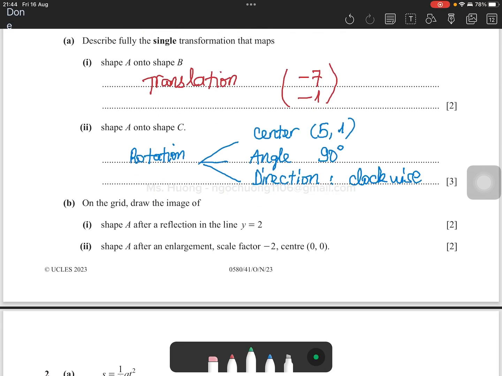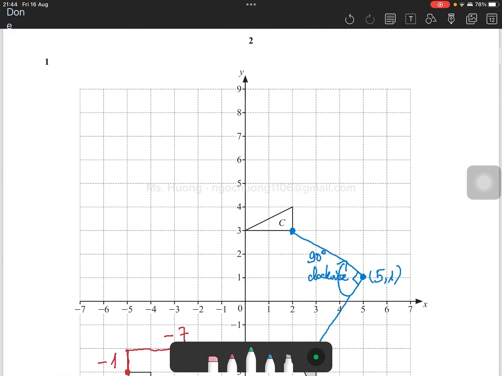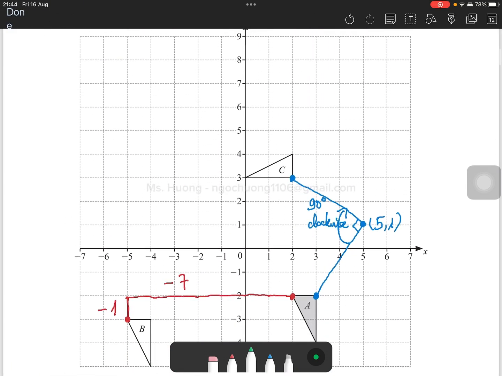B. On the grid, draw the image of shape A after a reflection in the line y equals 2. So we'll draw the line y equals 2 first. This is the line y equals 2. And now we draw the reflection of A over this line. From A to this line, we see that there are 1, 2, 3, and 4 units.